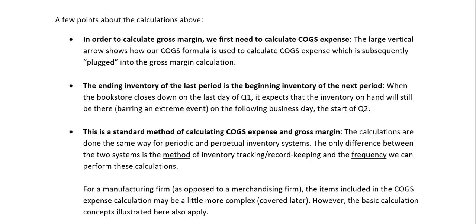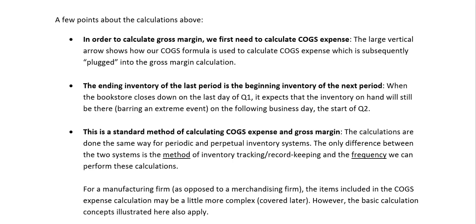The ending inventory of the last period is the beginning inventory of the next period. When the bookstore closes down on the last day of quarter one, it expects that the inventory on hand will still be there, barring an extreme event, on the following business day, the start of quarter two.